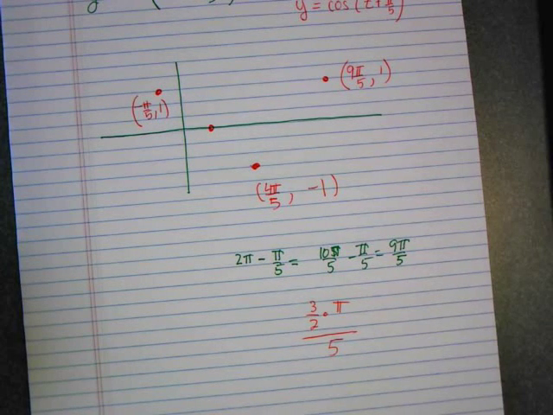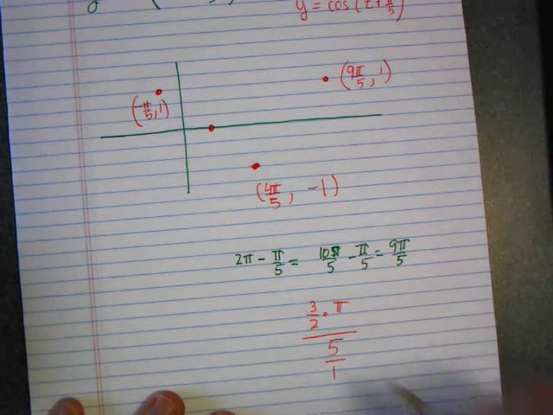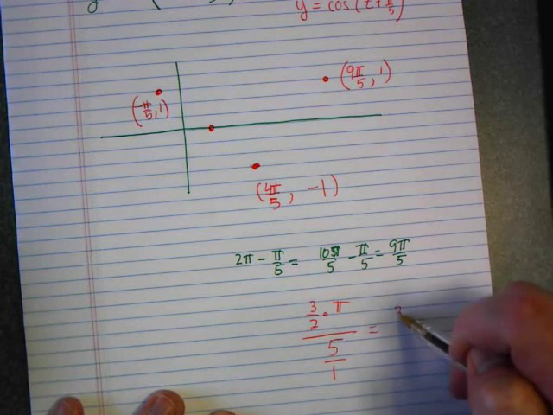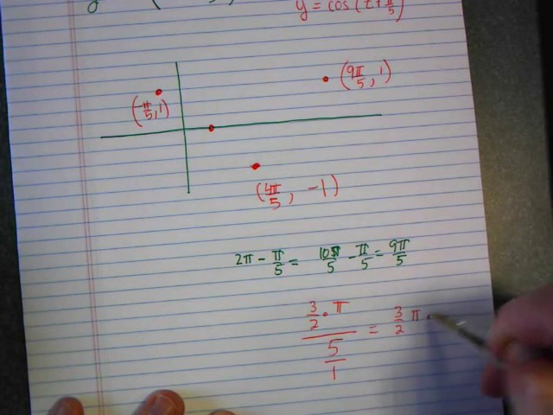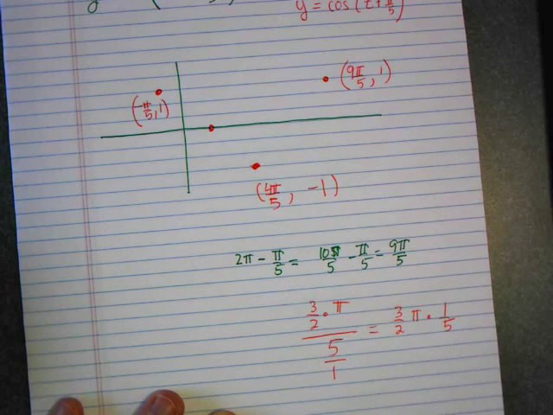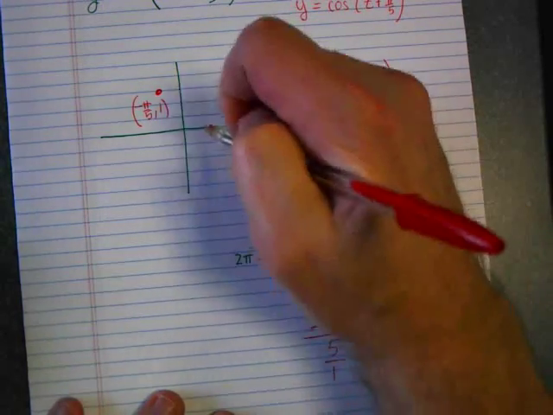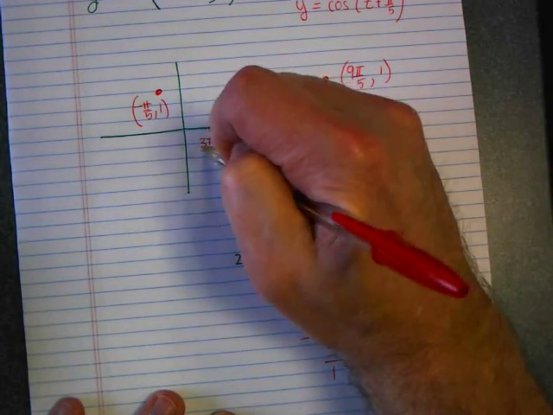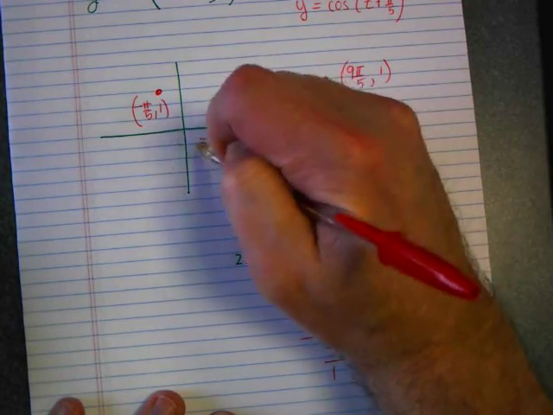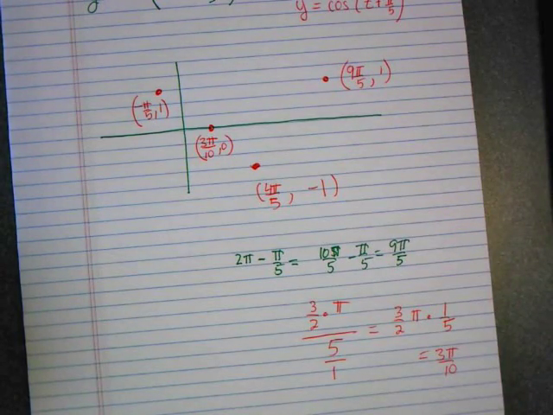What's 3 halves of pi over 5? No calculator. That's 3/2 pi times 1 over 5, which is 3 over 10 pi. 3 pi over 10. Sometimes when people pick ugly numbers like pi over 5, our numbers get a little bit harder to calculate. That's 3 pi over 10.